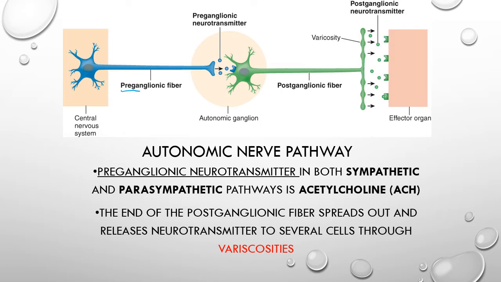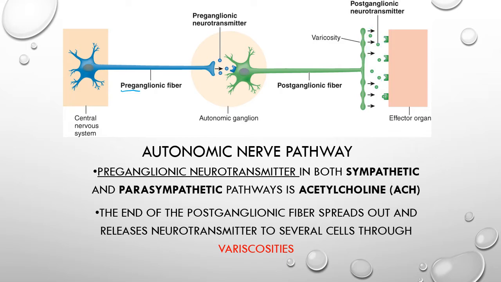And then from our postganglionic neuron, the neurotransmitter over here in the next synapse at the effector organ is going to be either norepinephrine or acetylcholine. Not only are we going to have potentially two different neurotransmitters, the actual receptor can be different as well. So we can get those different changes occurring at the end of that cell.